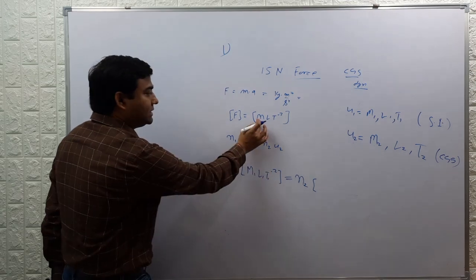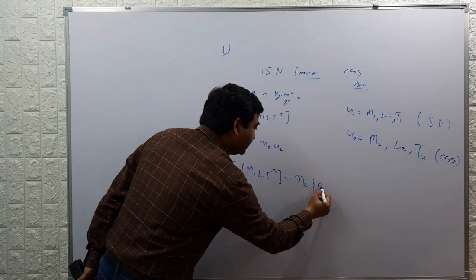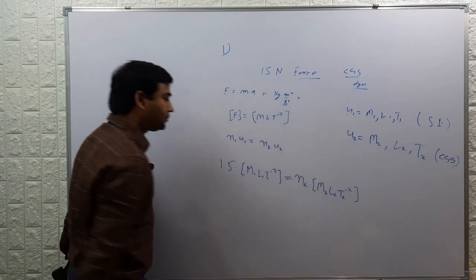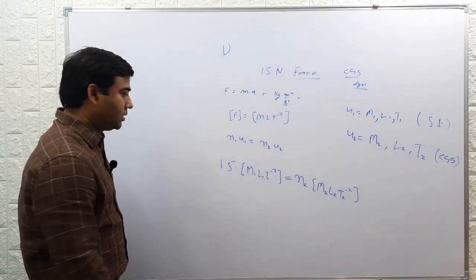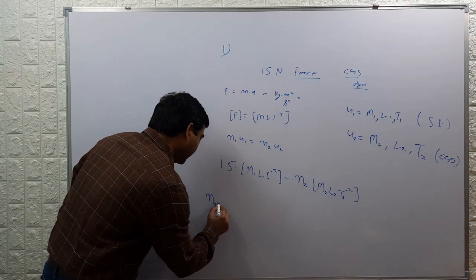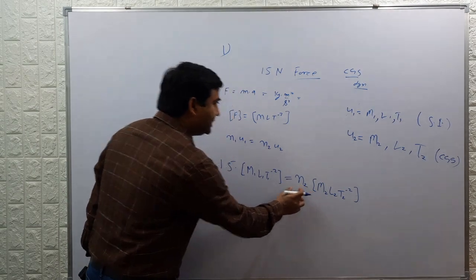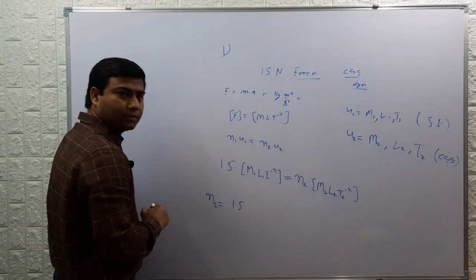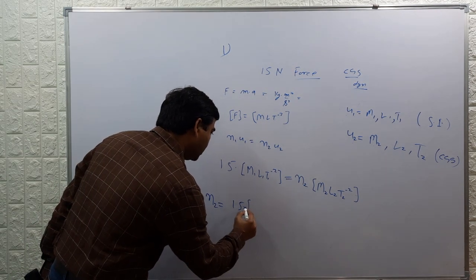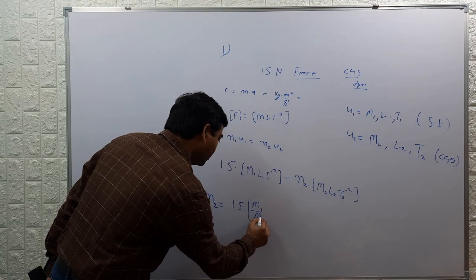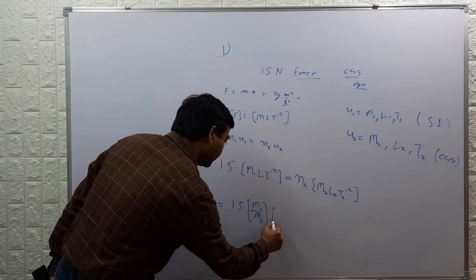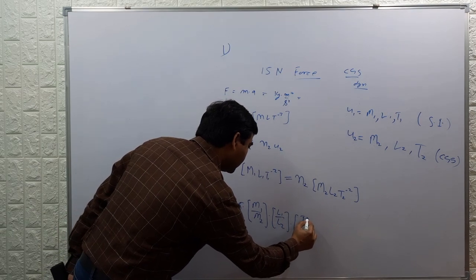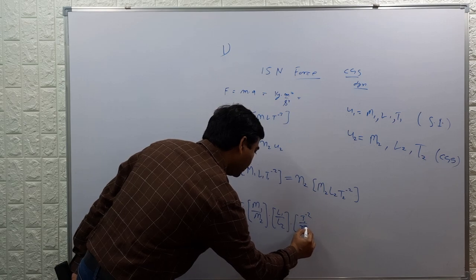We know the dimensional formula is the same for all units, so it can be written as M2 L2 T2^-2. So here N2, the numerical value in the CGS system, is equal to 15 into M1 by M2, into L1 by L2, into T1 by T2 whole to the power minus 2.